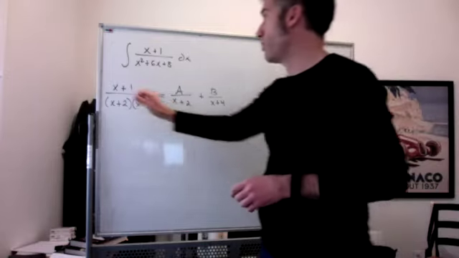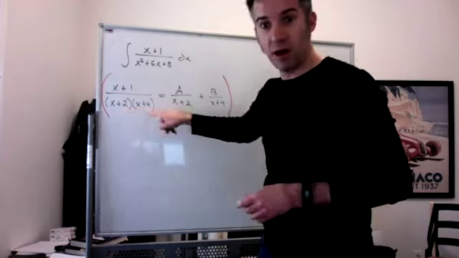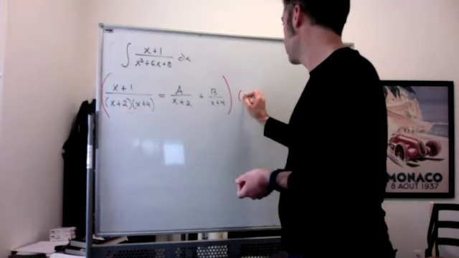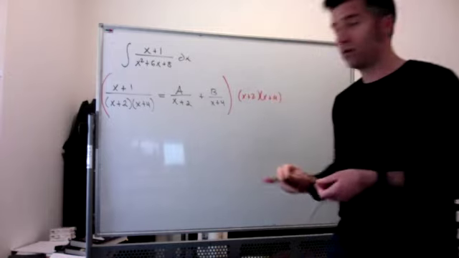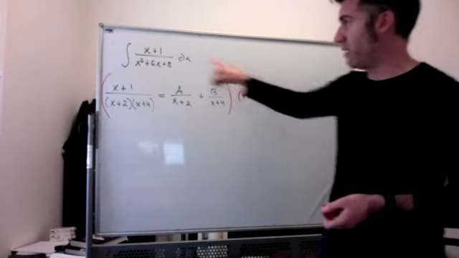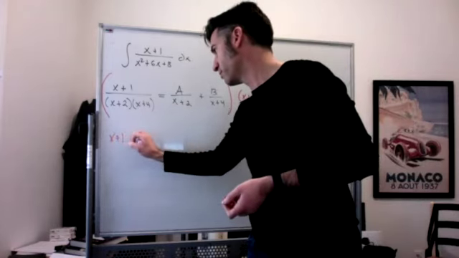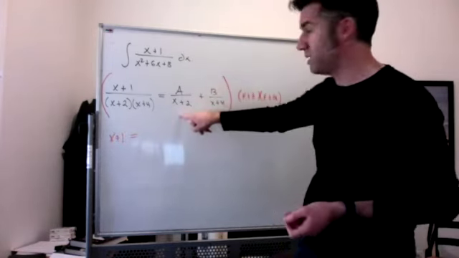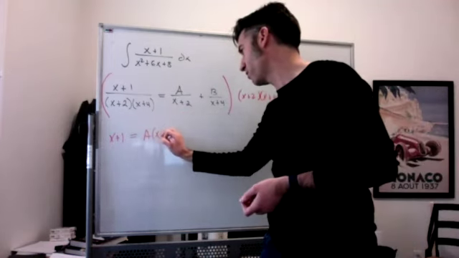And then we are multiplying the entire equation by this common denominator. When you multiply this by that, you just get x plus 1. And then this times this, the x plus 2's cancel, you get a times x plus 4.